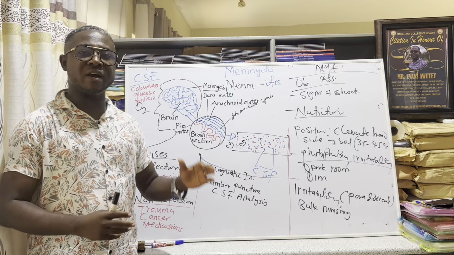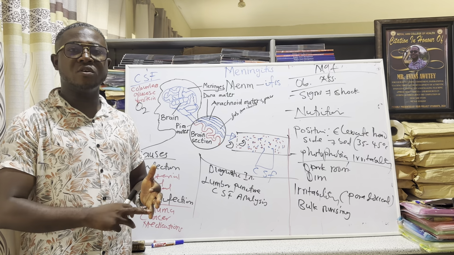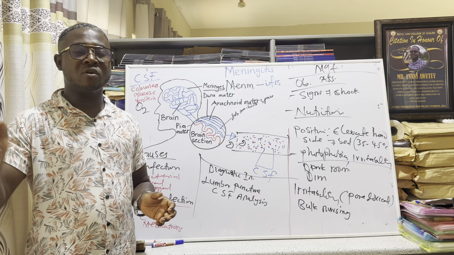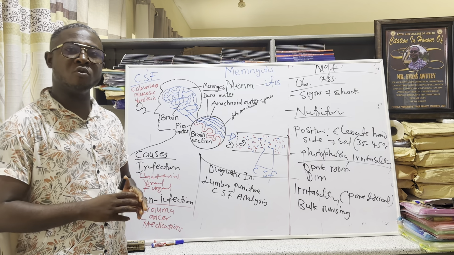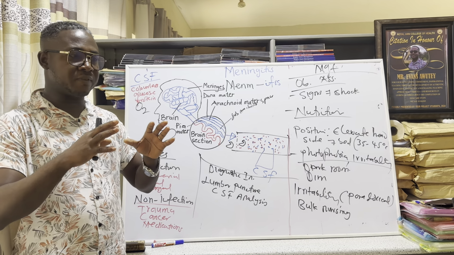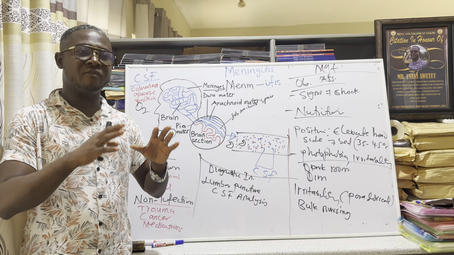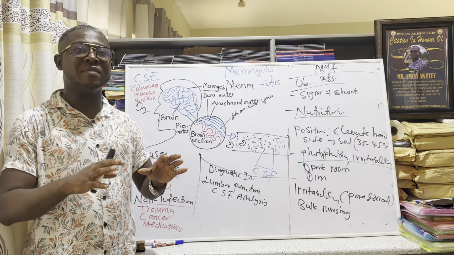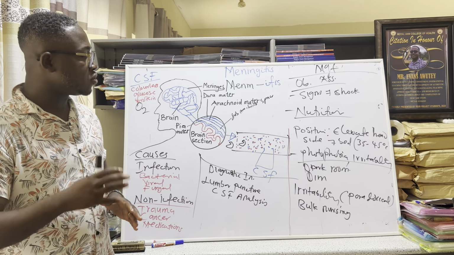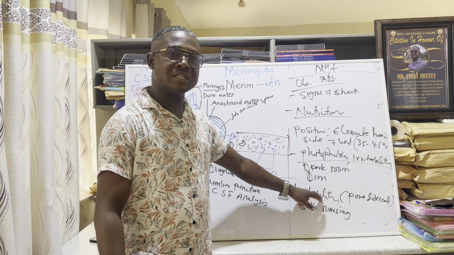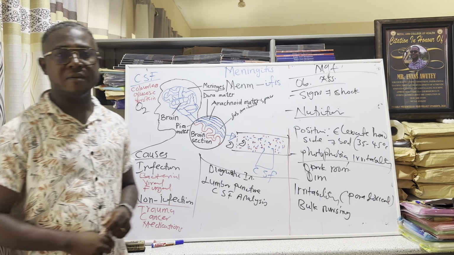If you want to check your vital signs, you don't first check the temperature, go and document and come, and then later you come and check the BP, go and document and come. No. If there's a need to check vital signs for the patient or also administer medication, you can gather all these activities and do it at once so that you don't cause unnecessary irritability to these patients.